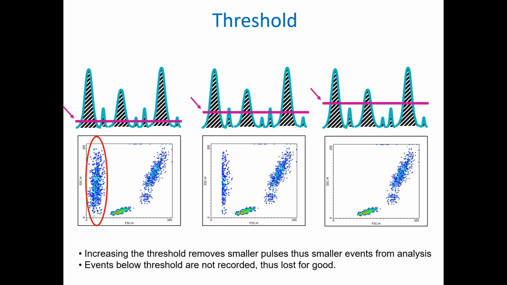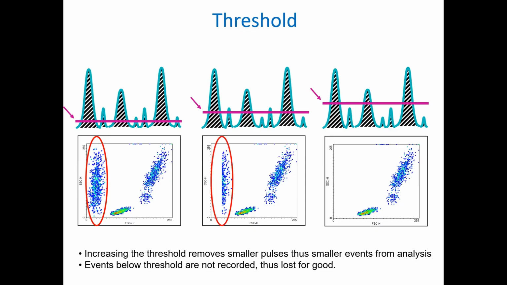On the left, the threshold is set very low, difficult to see, but just below the first mark on the forward scatter x-axis. The smaller pulses are above threshold, and you can see that population on the lower end of the x-axis. These could be red blood cells, platelets, or just small debris. Above them, the lymphocytes are visible, then the monocyte population, and finally the granulocytes at the top of the scale.